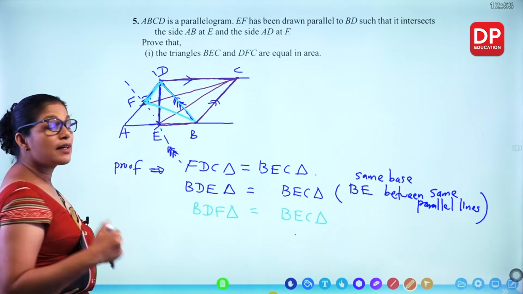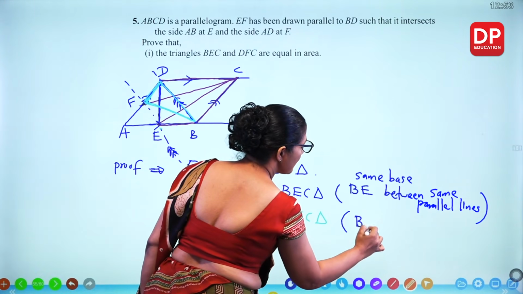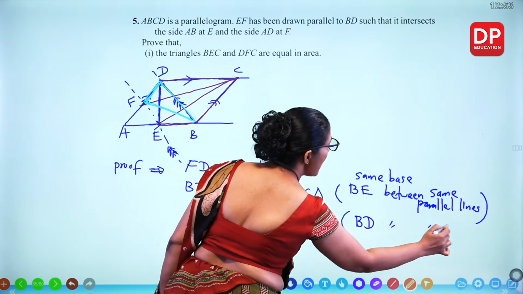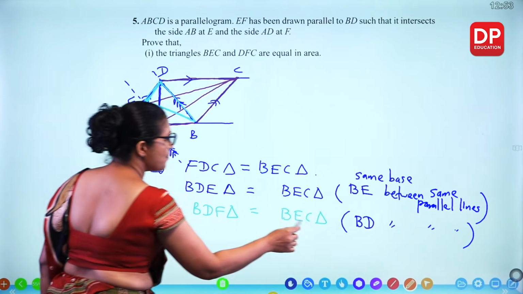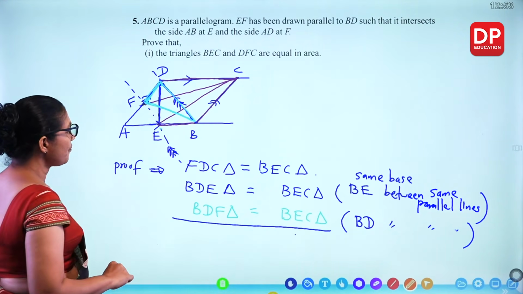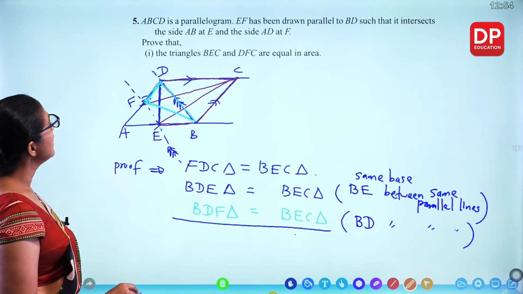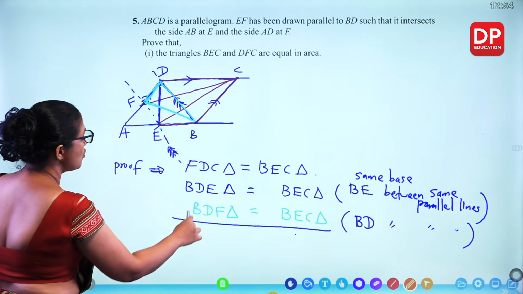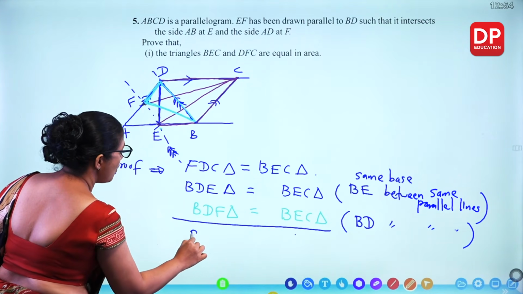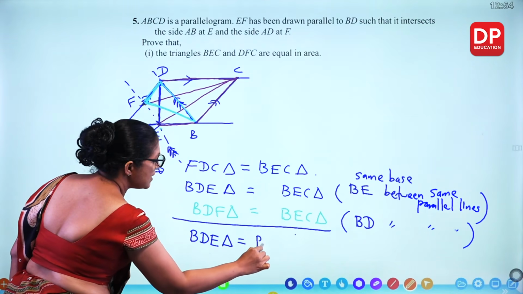Now what's the common base? BD is a common base. BD is the same base and between same parallel lines. So from these two, I can say BDE triangle is equal to BDF triangle.